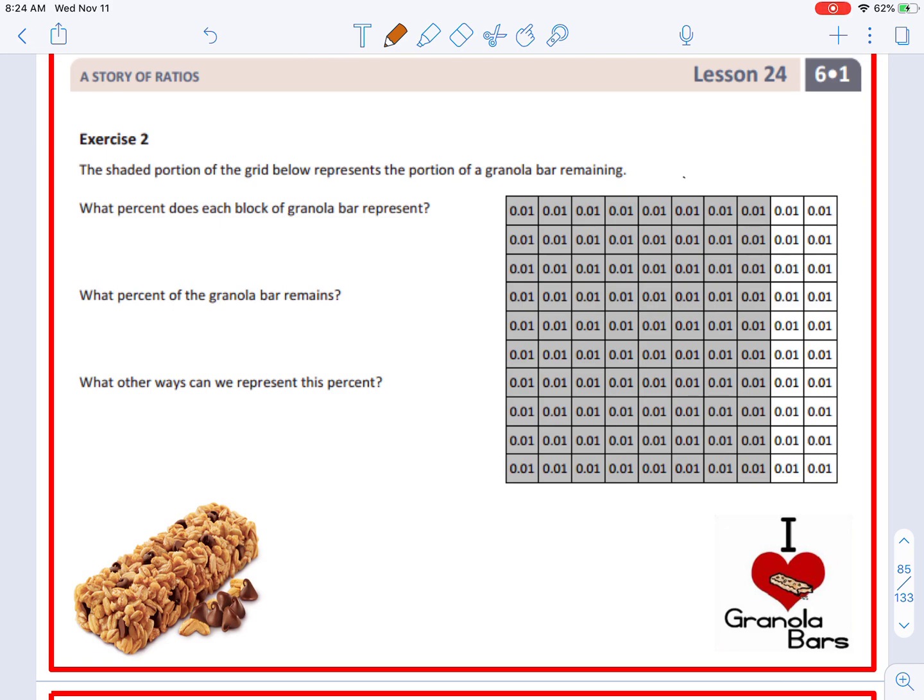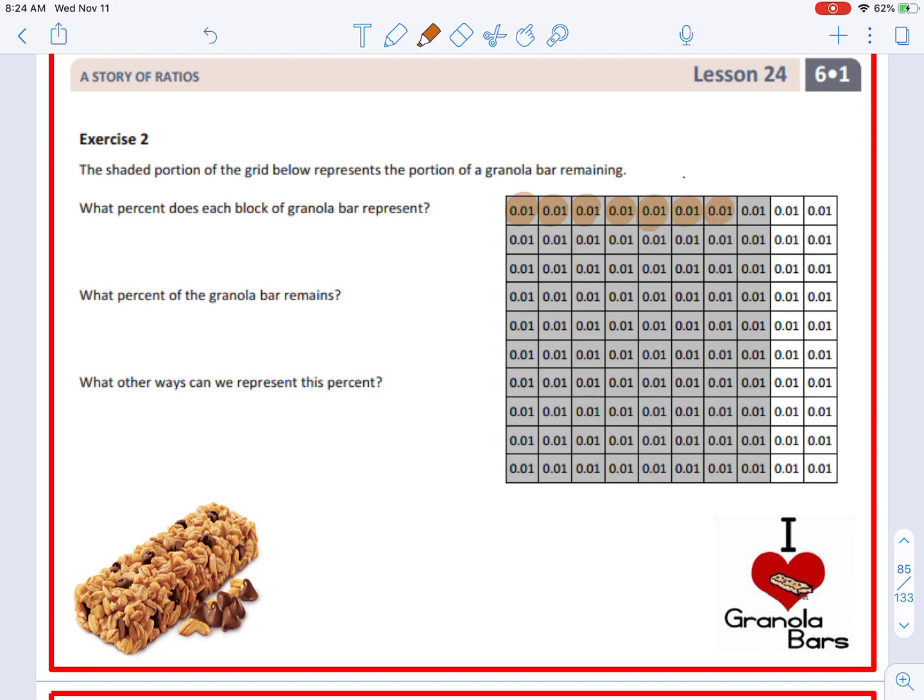Exercise 2 says the shaded portion of the grid below represents the portion of a granola bar remaining. Okay, so they have a granola bar, someone took a bite, and the shaded part is what's left after the bite. So what percent does each block of the granola bar represent? What does each one of these tiny little boxes represent?